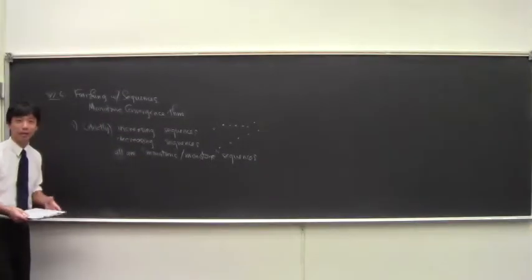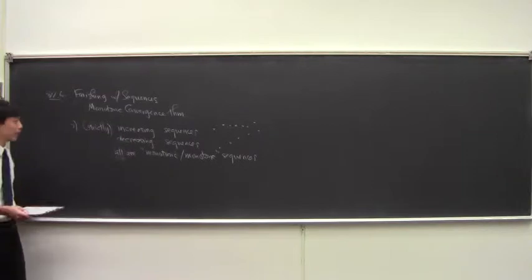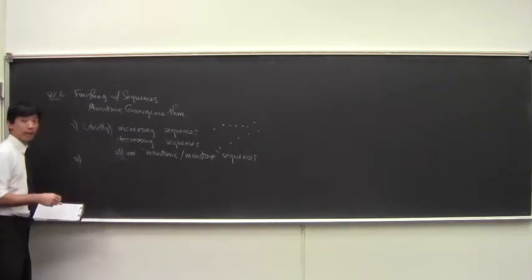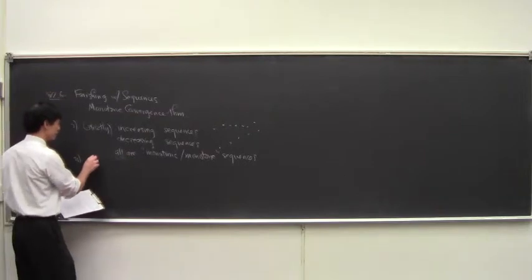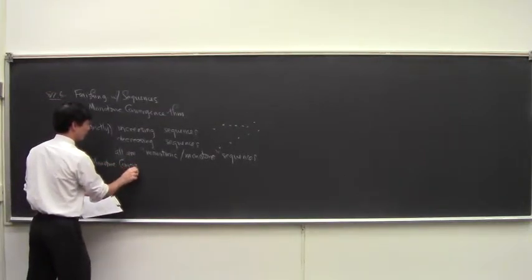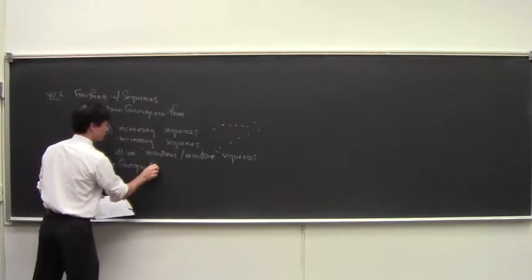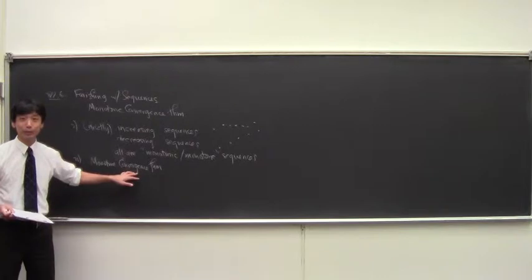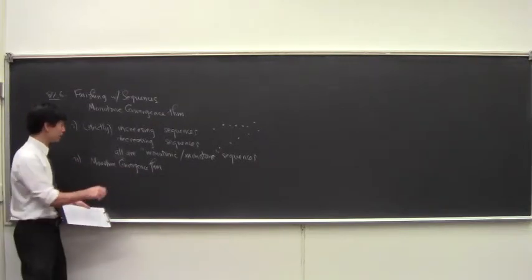They're monotonous, right? They don't vary that much. Then we have this thing called the monotone convergence theorem, which, as you can see from the name, tells you about the convergence of monotone sequences.